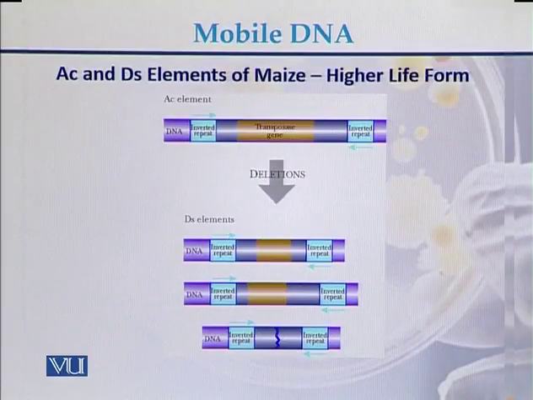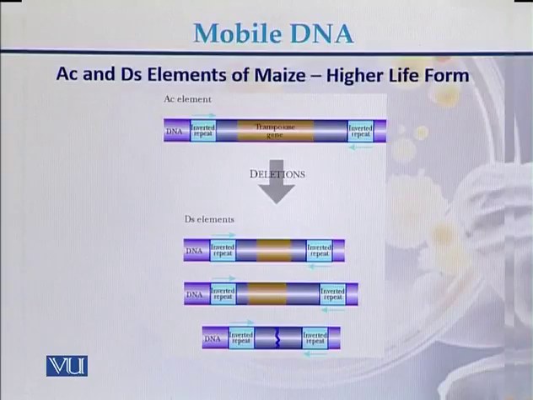Mobile DNA is also found in higher life forms. For example, in maize, there are activator and dissociation elements. In the case of activator elements, there is a sequence for the transposase gene and there are inverted repeats, while in the case of dissociation elements, there are inverted repeats on both sides.